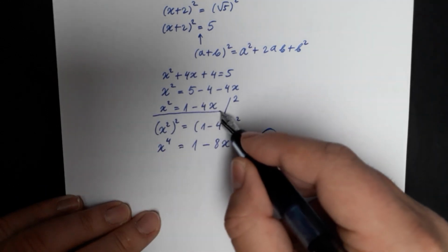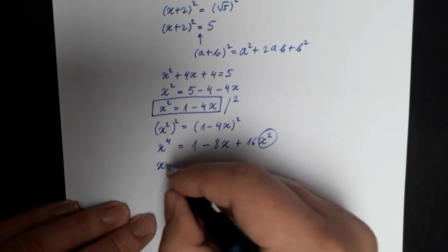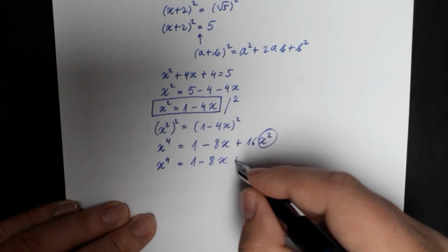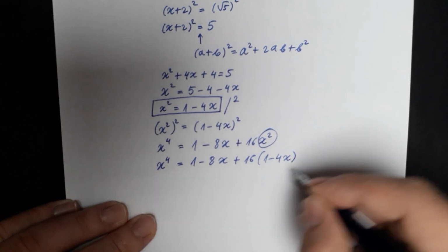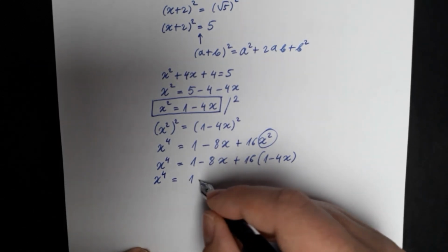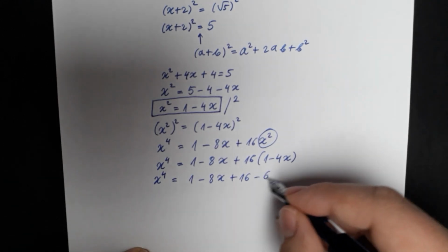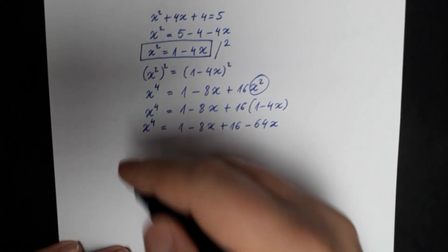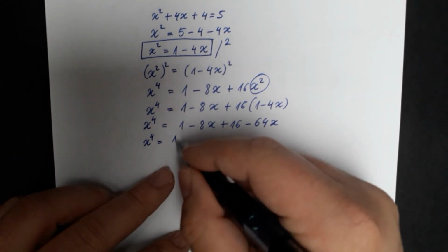Well, I already have that x squared is equal to 1 minus 4x, and I'm going to use that fact at this point. So I have 1 minus 8x plus 16 times 1 minus 4x. So x to the fourth power is equal to 1 minus 8x plus 16 minus 64x, as 4 multiplied by 16 is 64. So when we calculate this, we get that x to the fourth power is equal to 17 minus 72x.